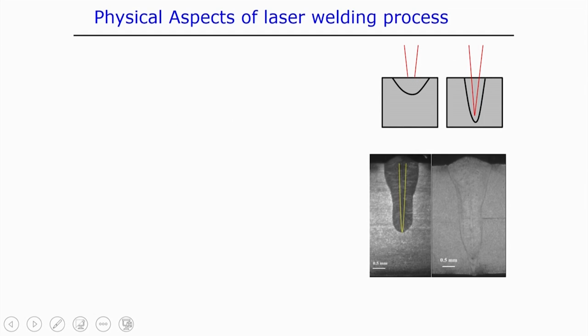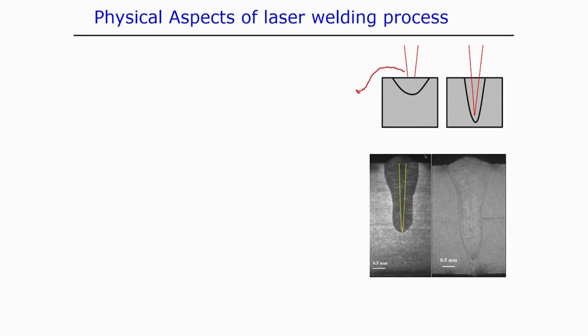If we look at the physical aspects of the laser welding process, we already have some idea that there are two modes. One is the conduction mode, another is the keyhole mode.